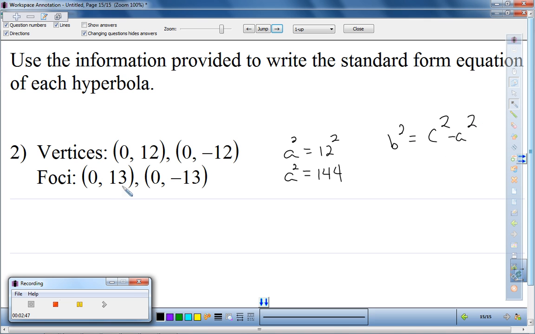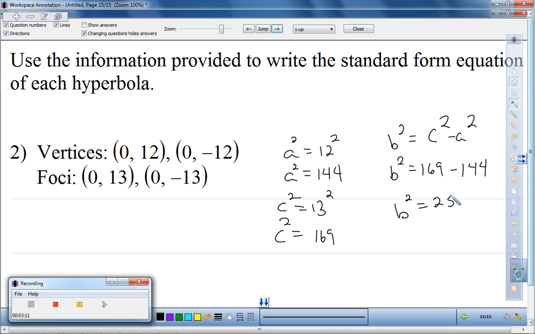Well, c is equal to 13. Therefore, c squared is equal to 169. So we'll have b squared is equal to 169 minus 144. Take the difference, and b squared is equal to 25.